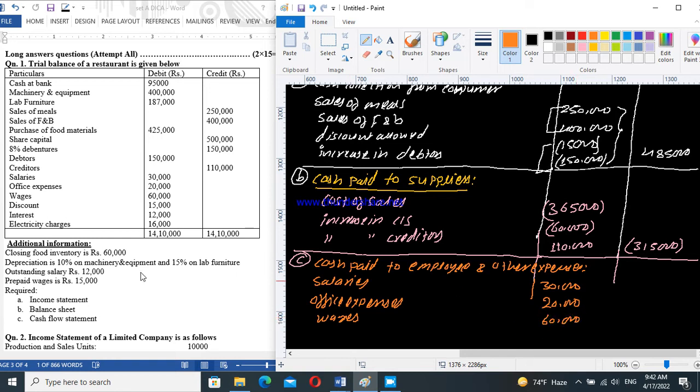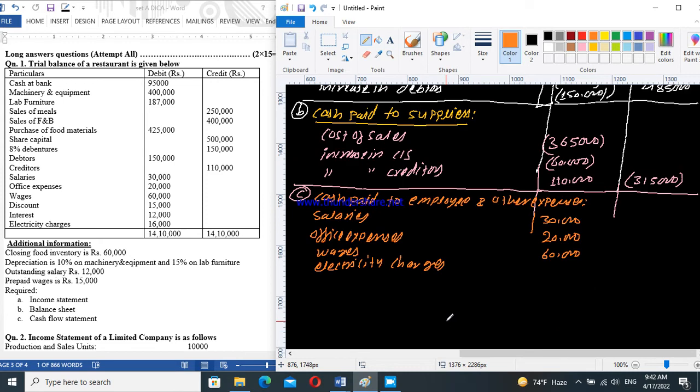And next electricity charges, the amount is 16,000. All this information is cash outflow.